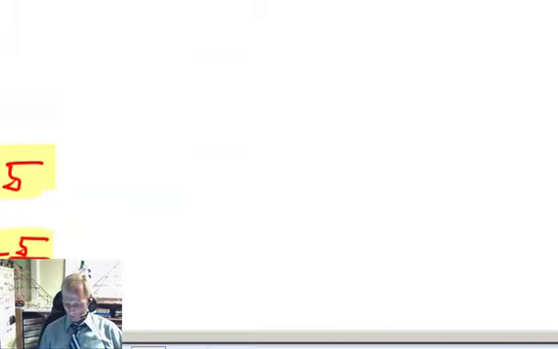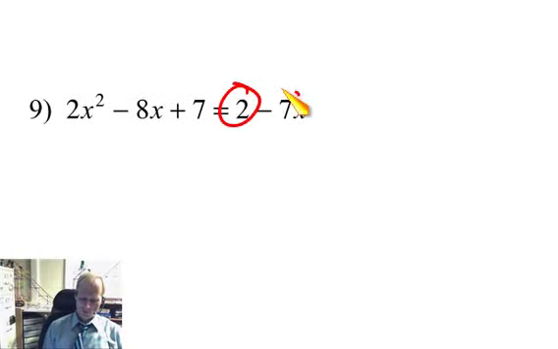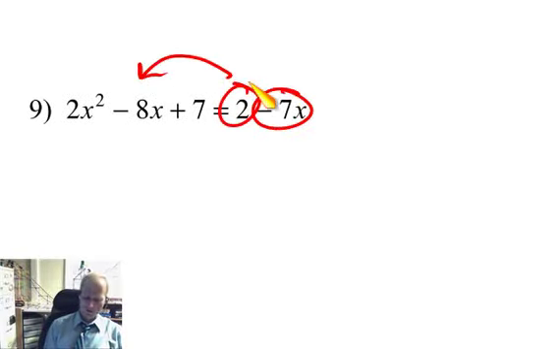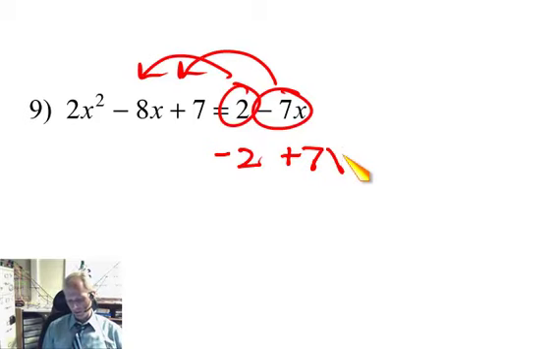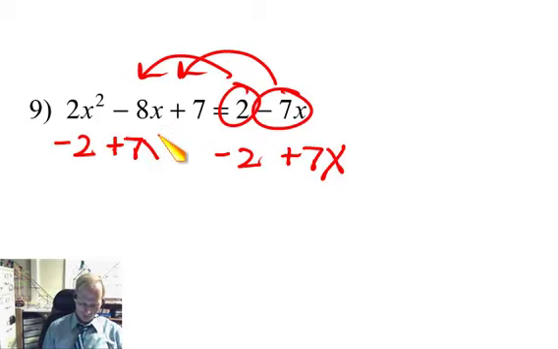Alright, and in the final problem for tonight, I'm going to solve using the quadratic formula, but I'm going to have to move those terms over to the left before I can use the formula, which is what the rule is. You always need a 0 on the right before using the quadratic formula.